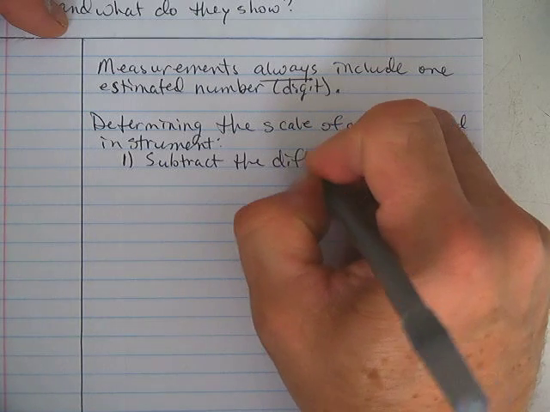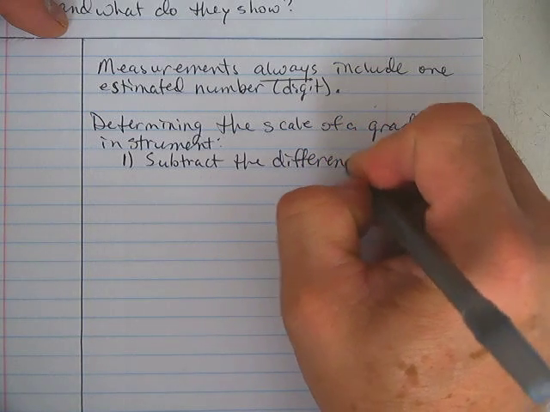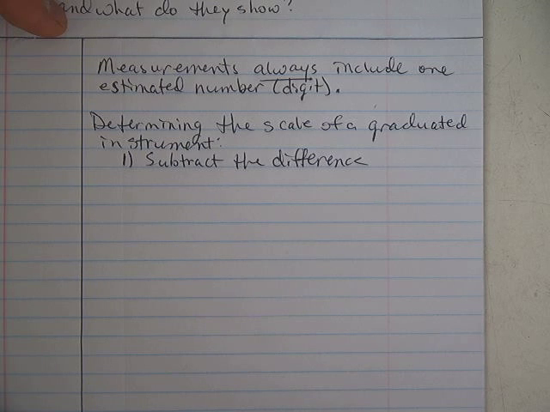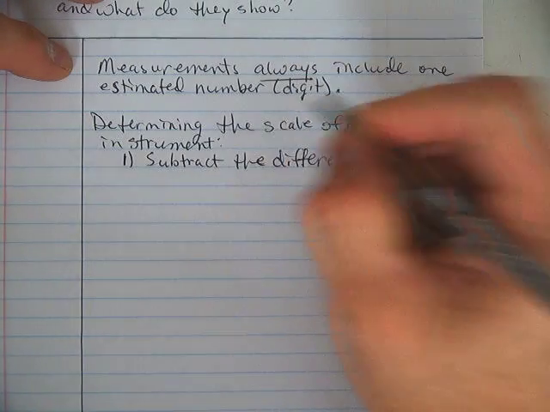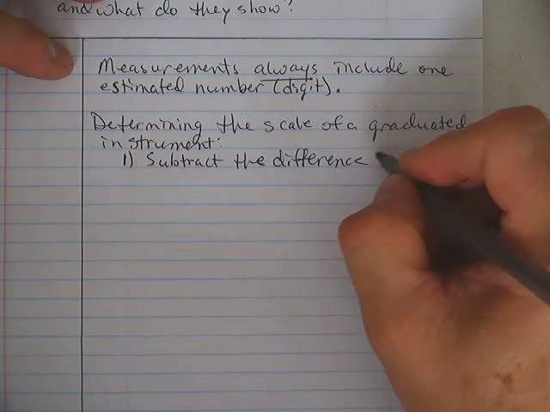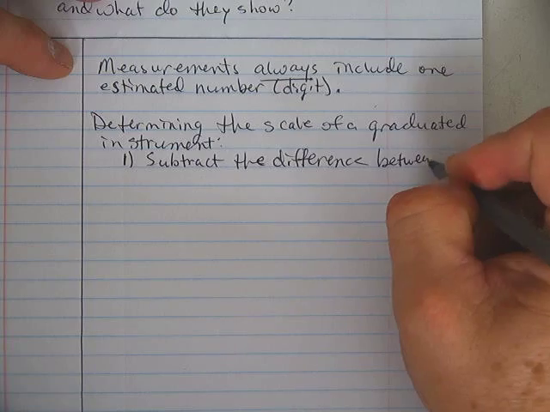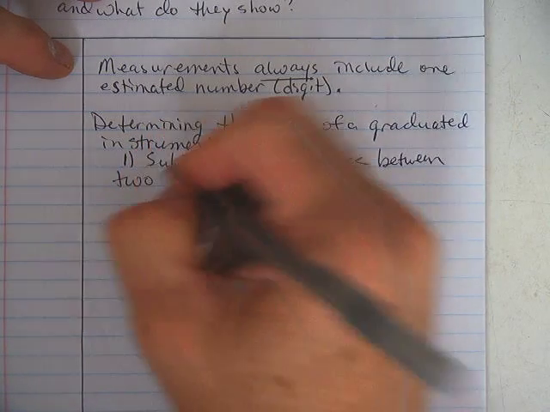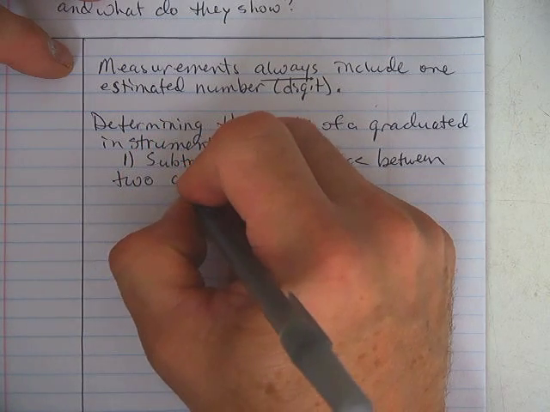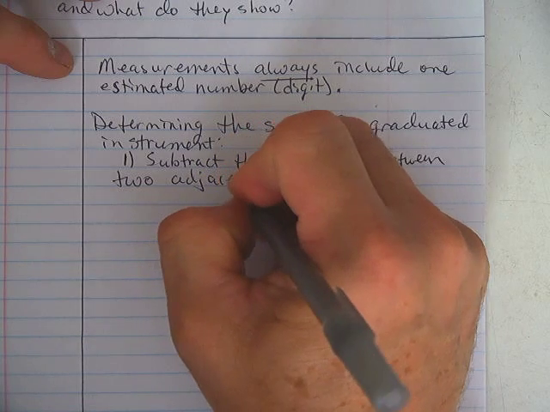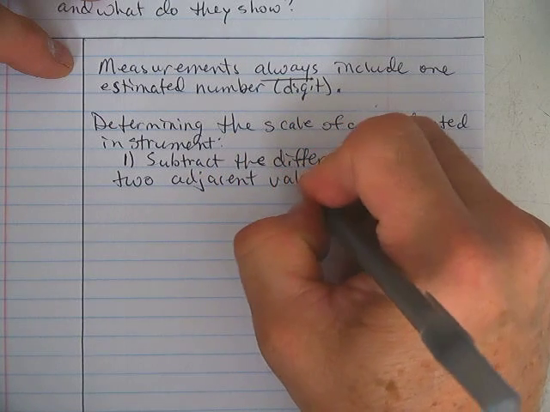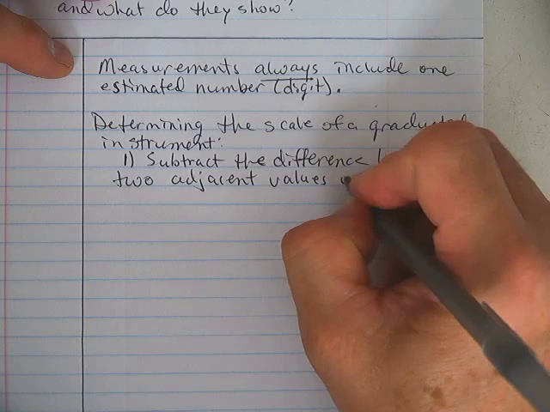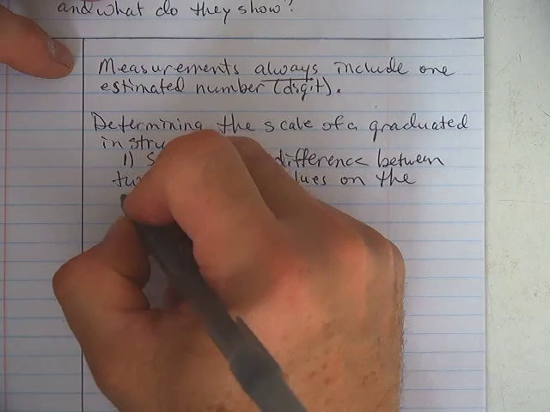The difference. Oh gosh, that's kind of redundant. Difference means subtract. So if you want to rewrite this in a way that makes more sense, that would be fine. Maybe we should say find the difference between two adjacent values on the instrument.